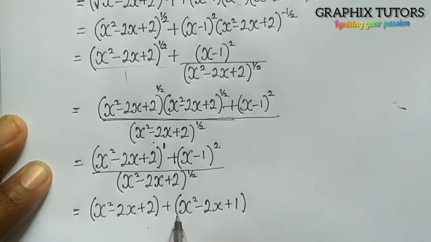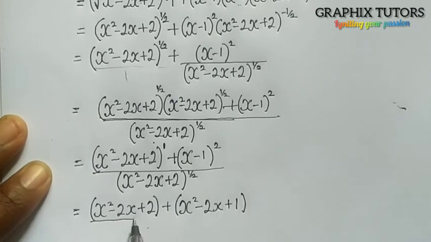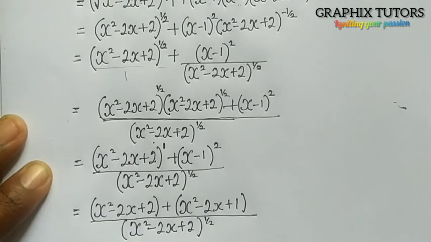This is what we're having here, all over x squared minus 2x plus 2 to the power of 1 over 2.